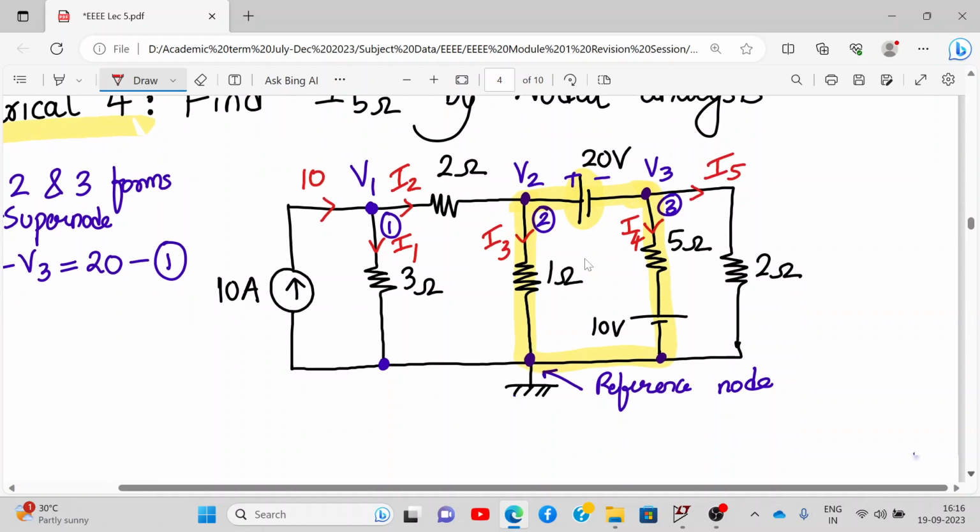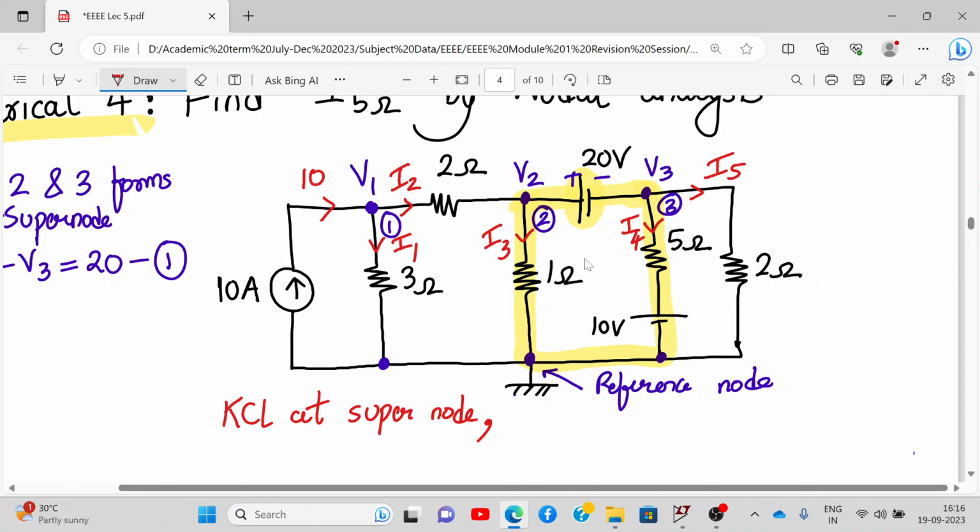Okay, so let's apply KCL at the supernode. Don't define the current in between nodes 2 and 3, but we can define the currents coming into nodes 2 and 3 individually. So let's check at node number 2.